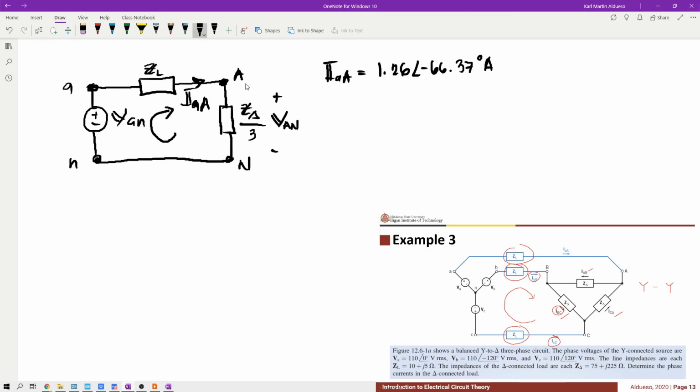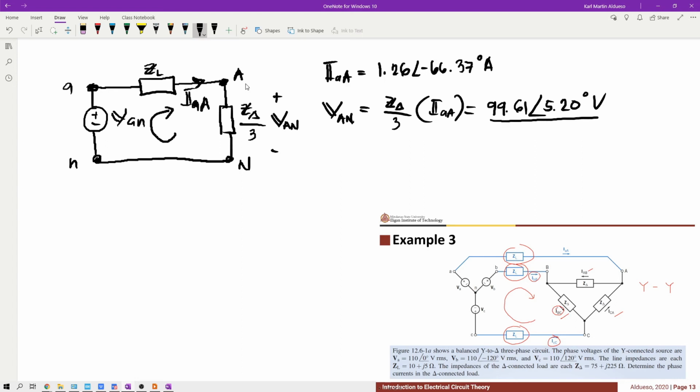So the voltage VAN is just equivalent to Z delta over 3 times IaA. We have 99.61 angle of 5.20 degrees volts.